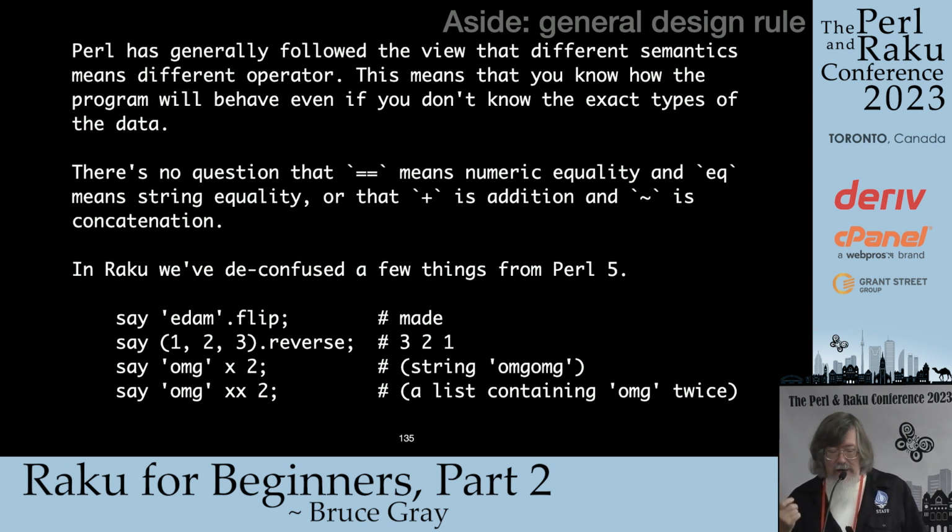Similarly, the X operator does two completely different things in Perl, depending on context. It's weird. I can't get into the weird syntax rule on it. It'll trip you up. If you say X on a string, then you get repetitions of the string. So ABC times 3 is ABC, ABC, ABC as one string.